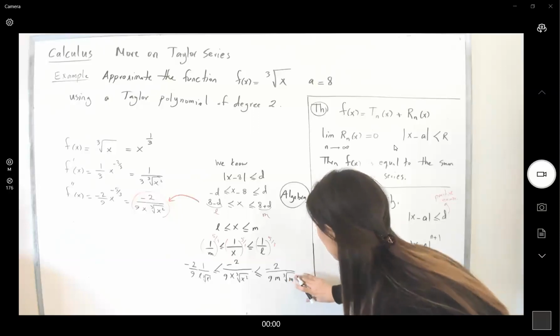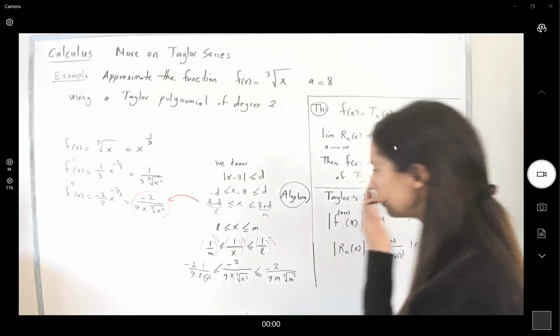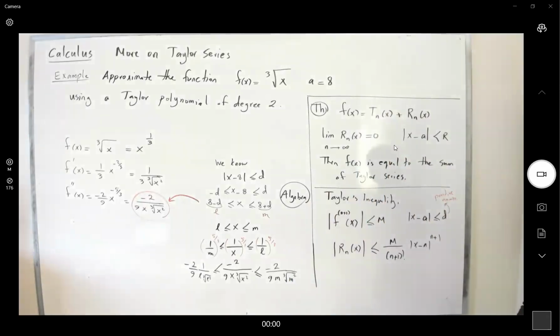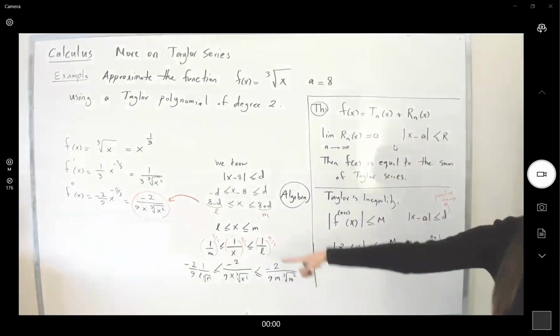Pure algebra. So what do we have here? Do we have an upper bound and lower bound for this expression?